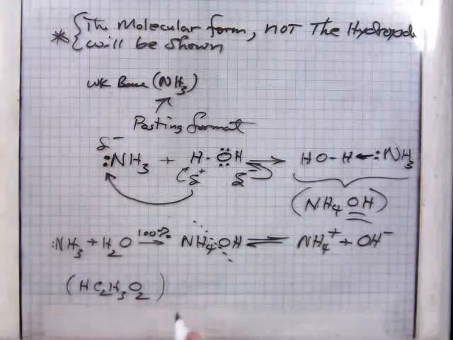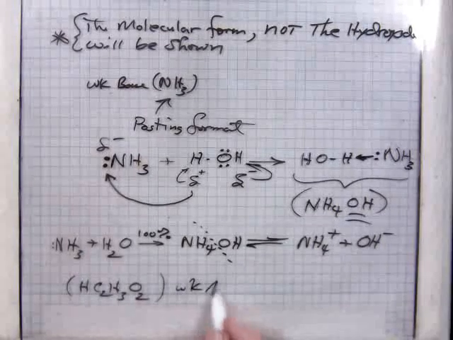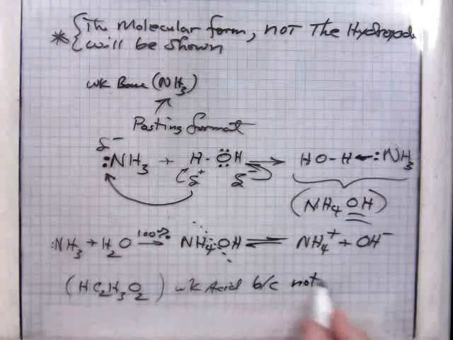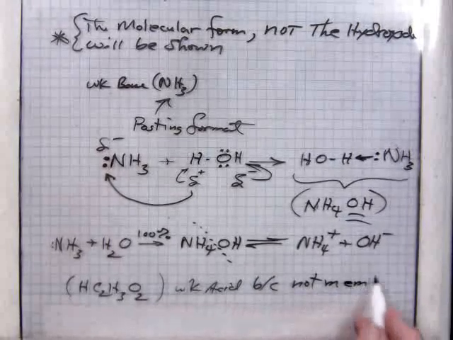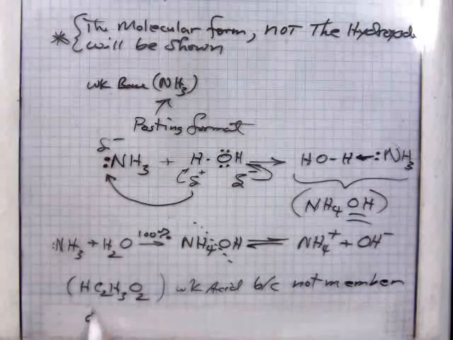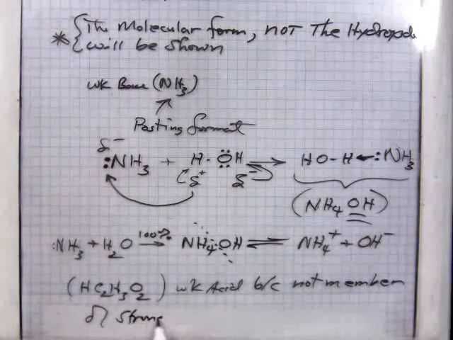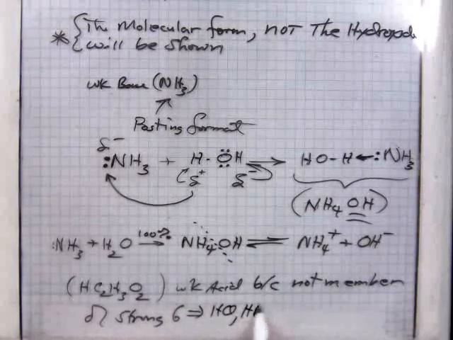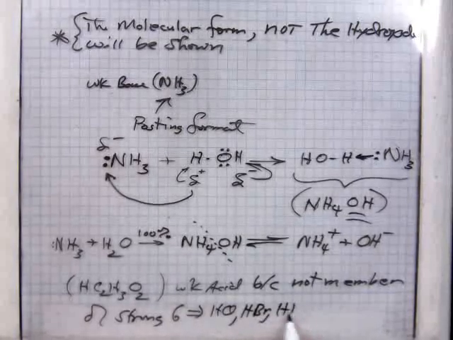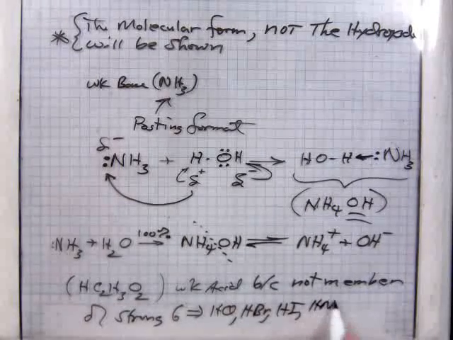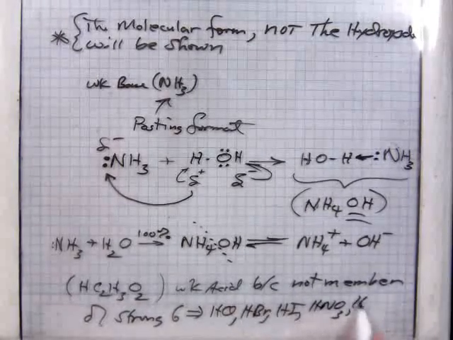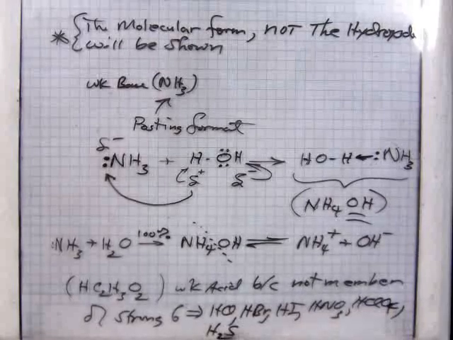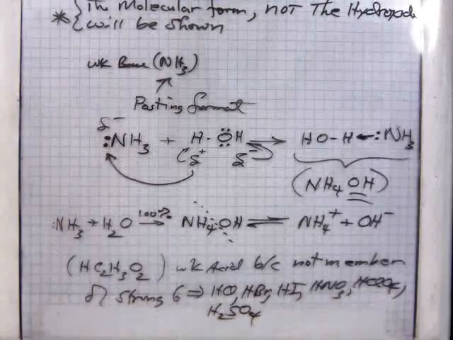It is a weak acid because it's not a member of the strong 6: HCl, HBr, HI, HNO3, HClO4, and of course H2SO4, first ionization step.